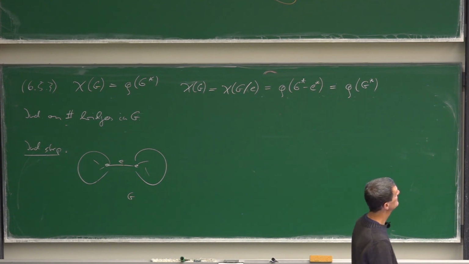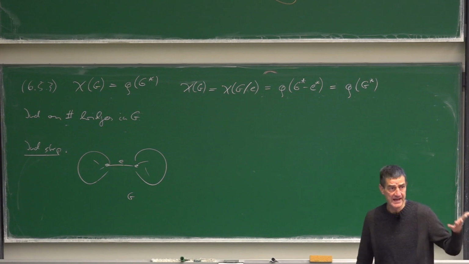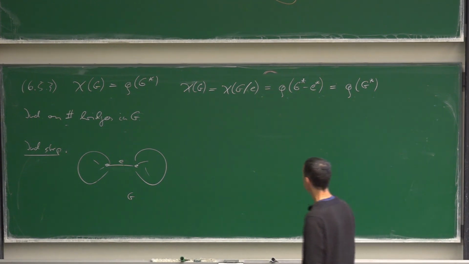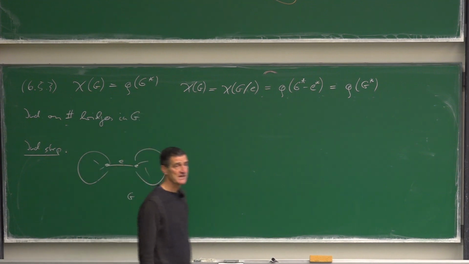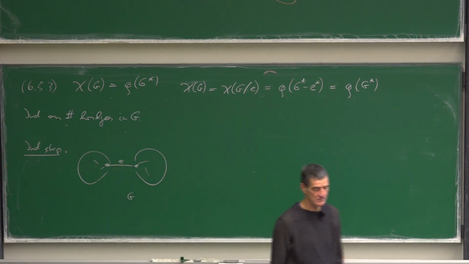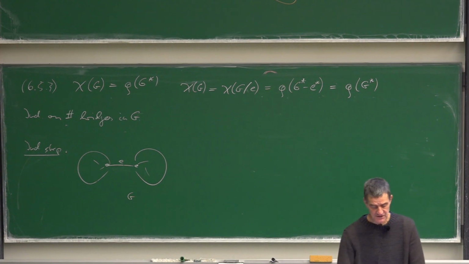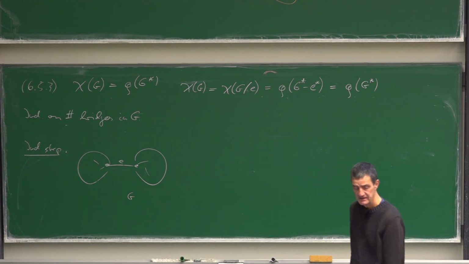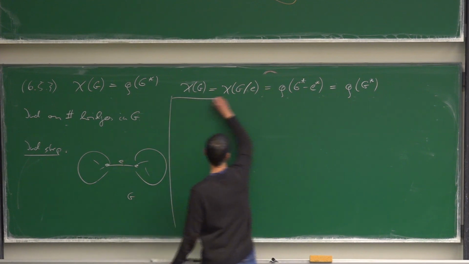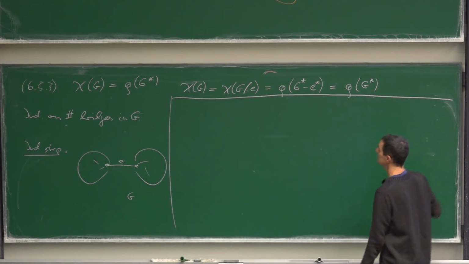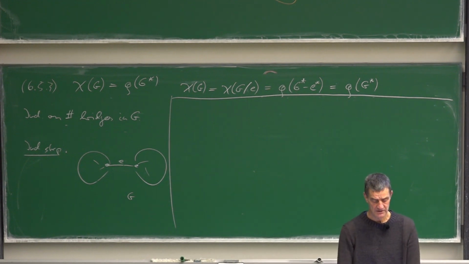So we want to show that for every K, G has a K coloring if and only if G star has a K flow. Then it works both ways. Okay, so let's first assume that we have a K flow, or for convenience, a ZK flow on G star.